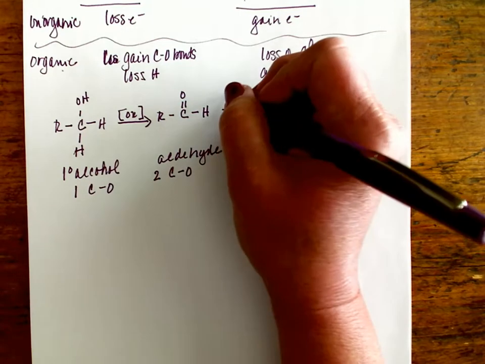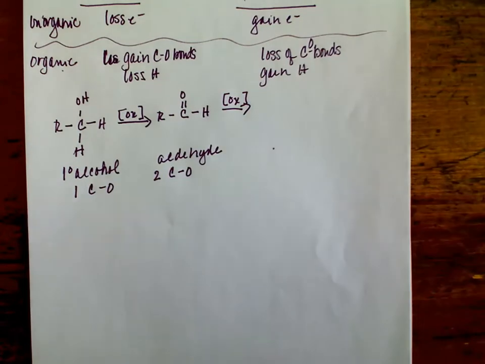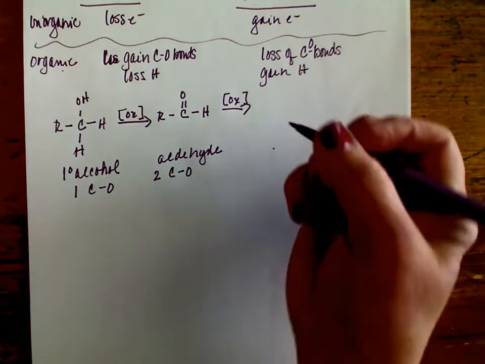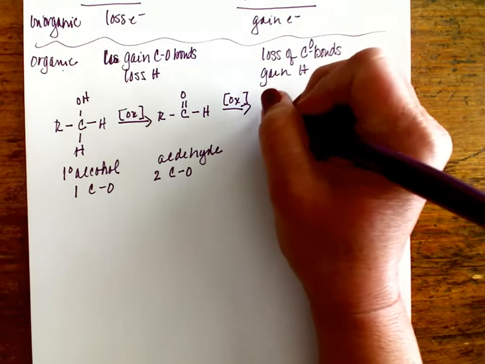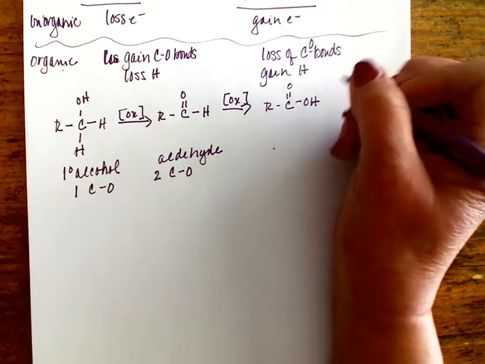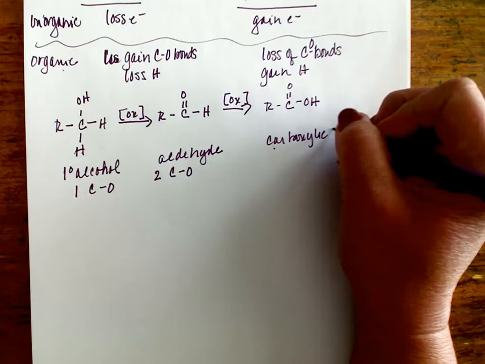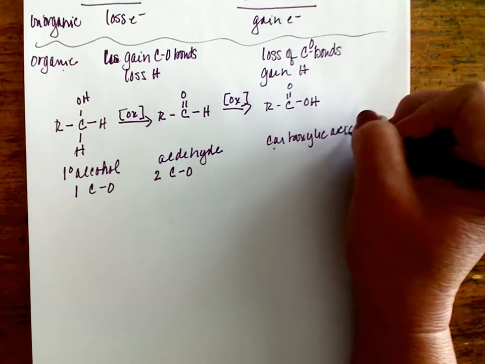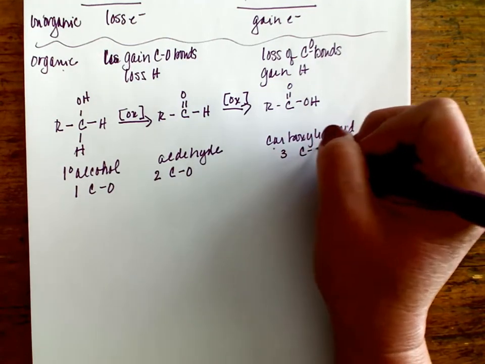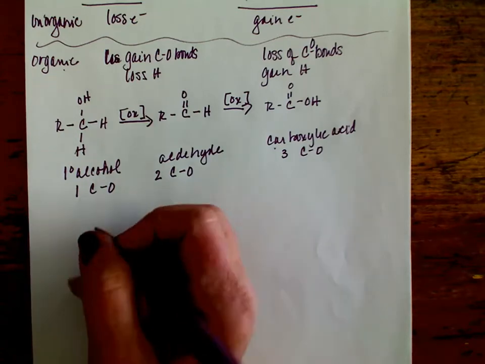We can continue to oxidize this aldehyde head group to a carboxylic acid, in which we have now 3 C-O bonds. Okay. So primary alcohols can be oxidized to carboxylic acids. So let's take a look at a secondary alcohol.